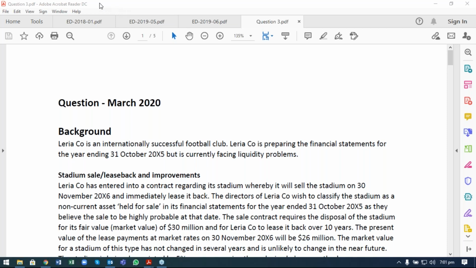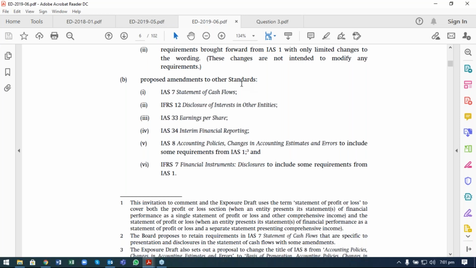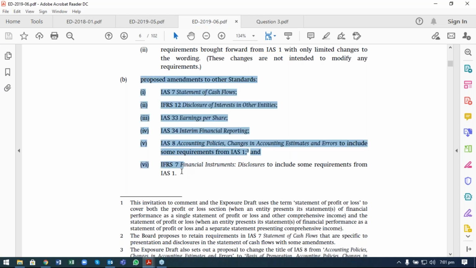And one more thing, I have already shared a WhatsApp group link with the team, so they are going to share that. They will be sharing the link with you for the WhatsApp group, and along with it, I have also shared those exposure drafts which should be examinable within your exam in September 2020 session.